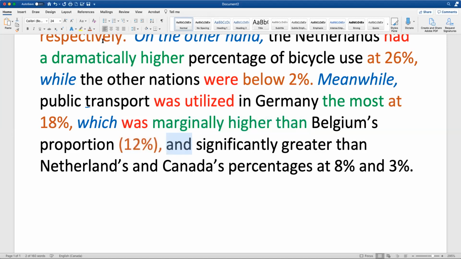And connecting here, significantly greater than is my connector comparative. Netherlands and Canada's percentages at 8% and 3% respectively.